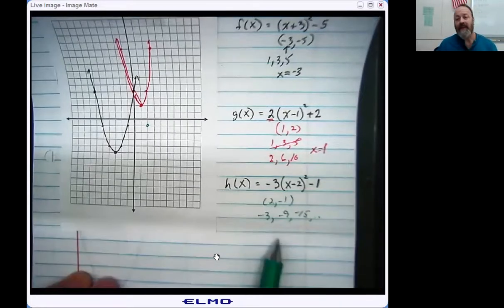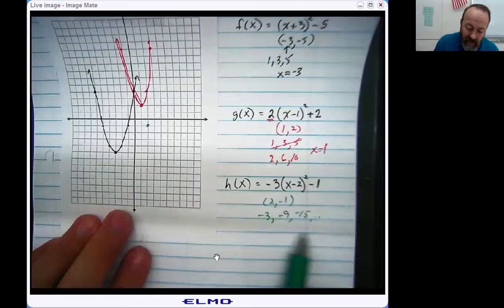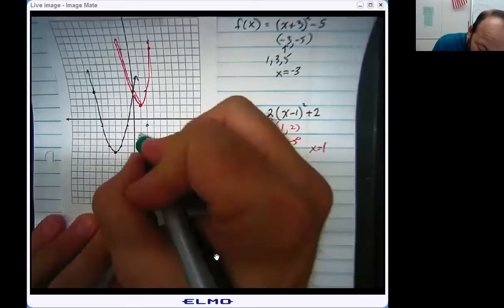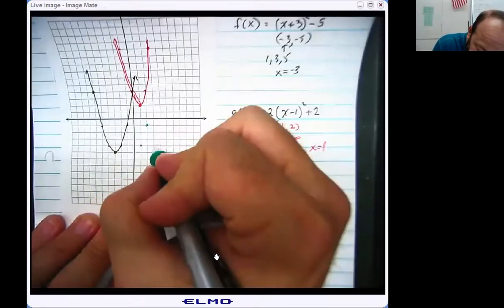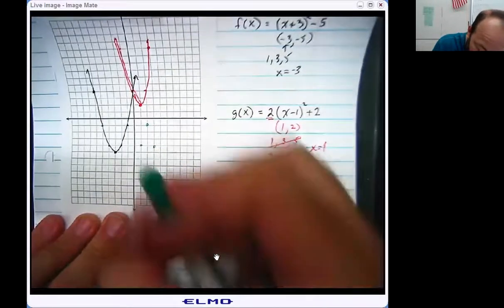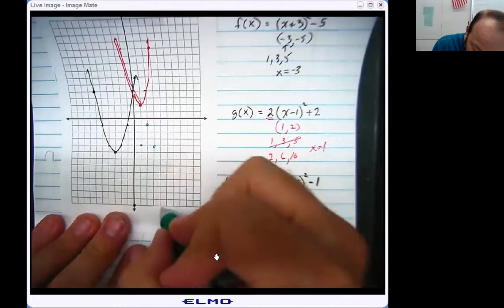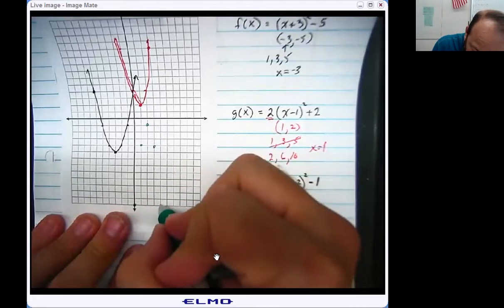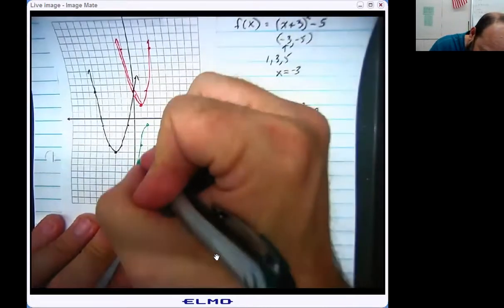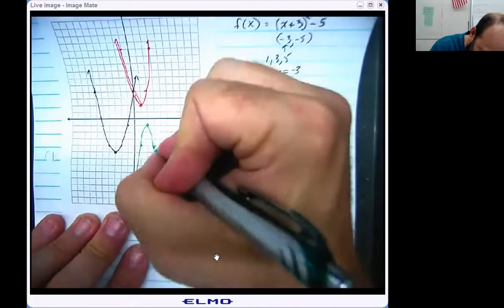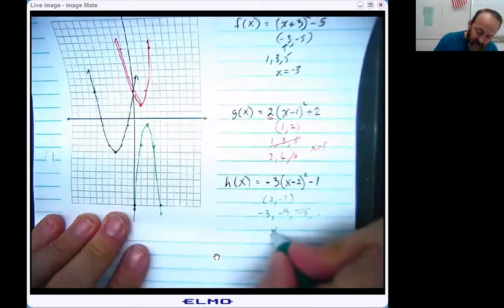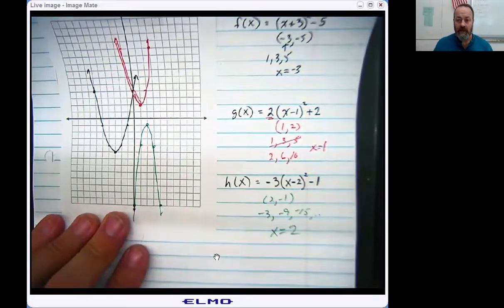I always write them down, even though often I can't even reach those values. 1, 2, 3, and then we had 9, 4, 5, 6, 7, 8, 9, which just barely fits on this particular piece of graph paper. And we have our graph, and yet again, it goes through my axis of symmetry at x equals 2.